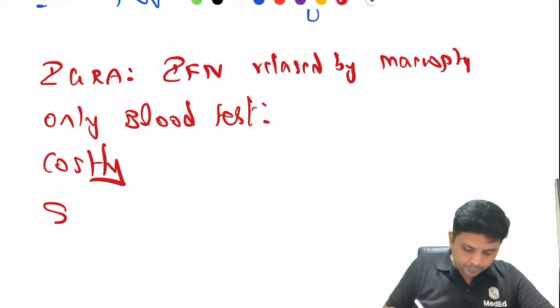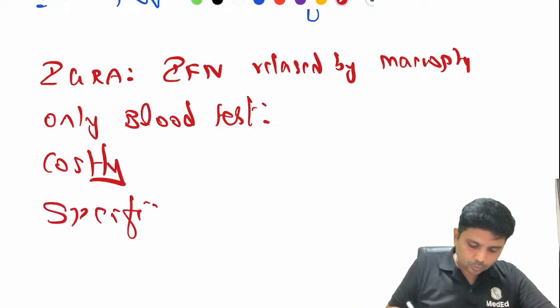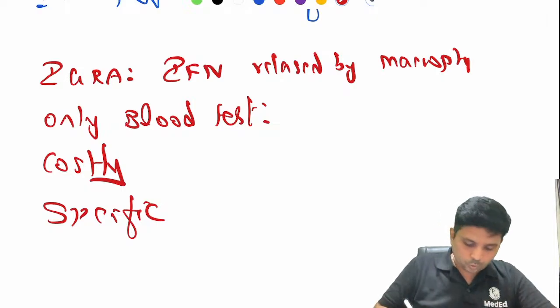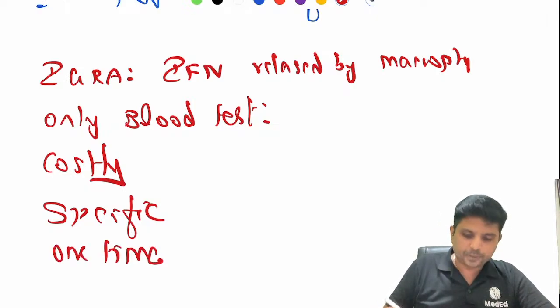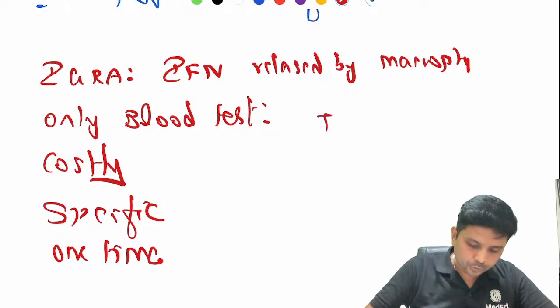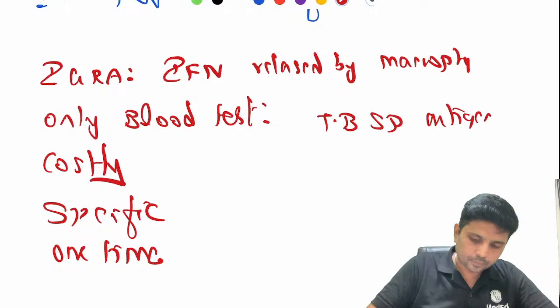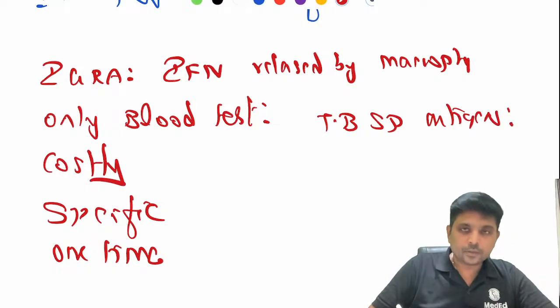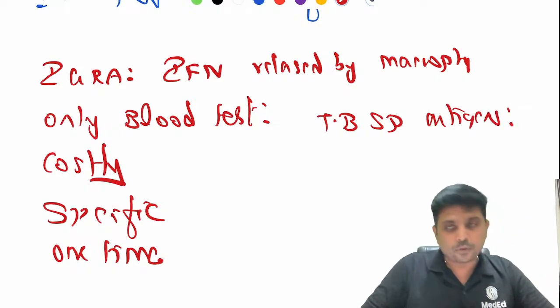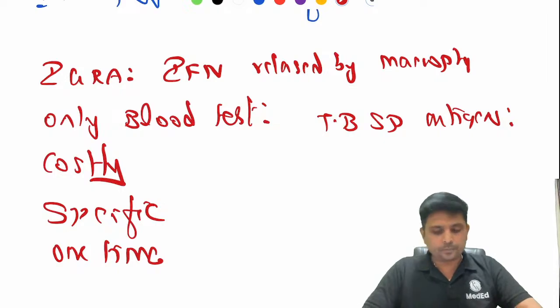It is specific. Why is it specific? And it is a one-time procedure. It is specific because you use TB specific antigens. So what are all the TB specific antigens?